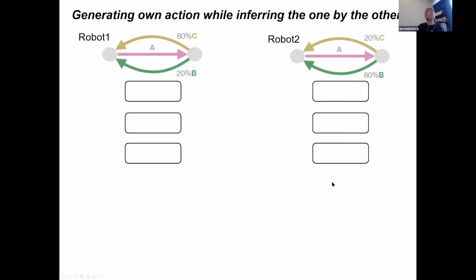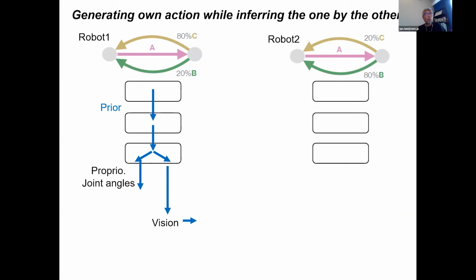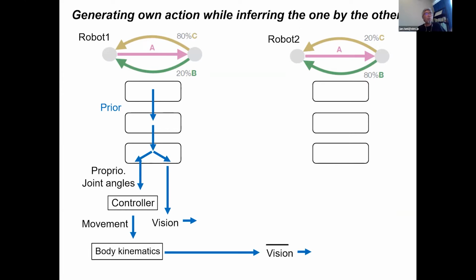I'm going to show more detail. Robot 1, Robot 2, and the prior goes to both vision, predicting after 100 millisteps what I'm going to see, and also predicting the proprioception, that is, the next joint angle fed into the controller.